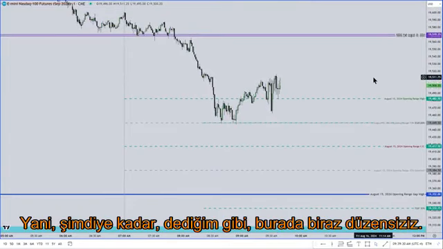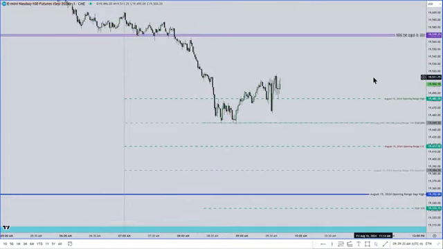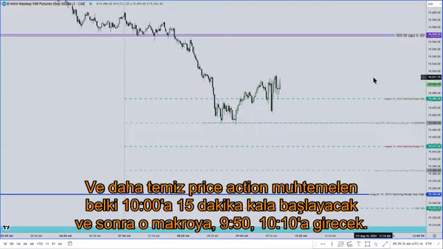So far, like I said, we're a little unorganized in here. And I think the cleaner price action will start probably maybe 15 minutes going into 10 o'clock and then into that macro 9:50, 10, 10.